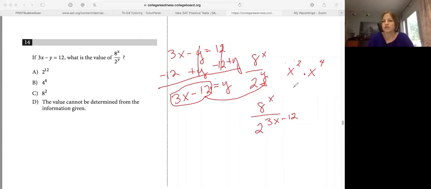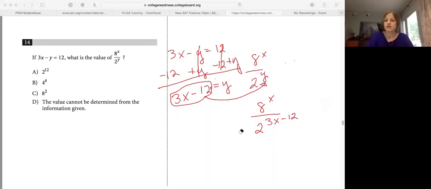I add them, right? So I would get x to the 6th. And I could do that even if there were some negatives in there. So if I had x to the 2nd times x to the negative 3rd, I would end up with x to the negative 1, because I would add those together. Okay, so that's just a simple review of rules of exponents. So let's erase this for a moment.